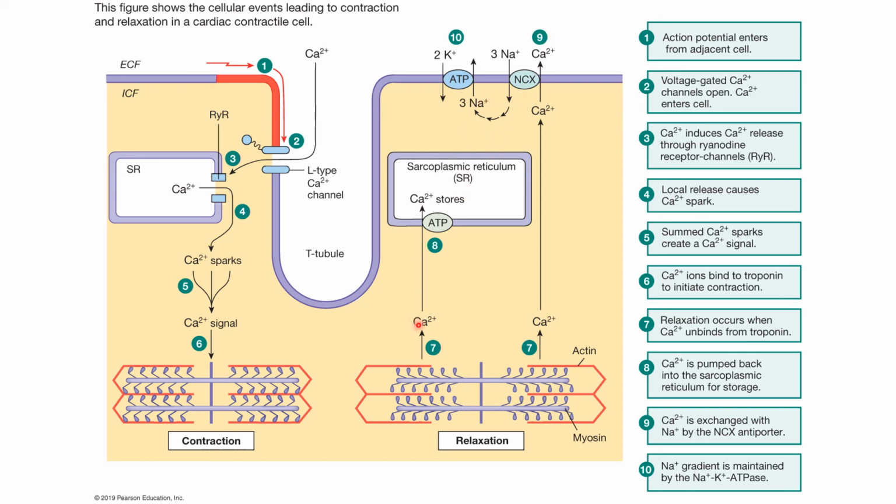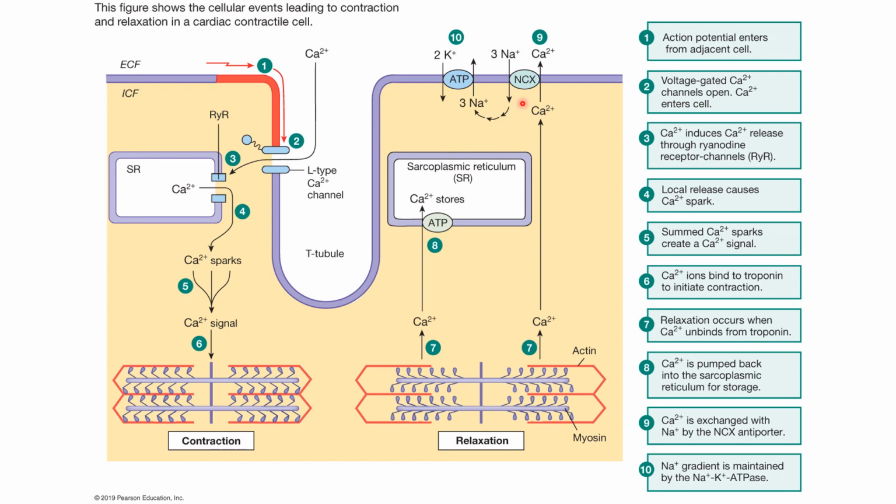So the calcium is going to be pumped back into the sarcoplasmic reticulum via the help of the calcium ATPase pump. And at the same time, some of the calcium can actually be released out of the cell via a pump known as the sodium calcium exchanger.